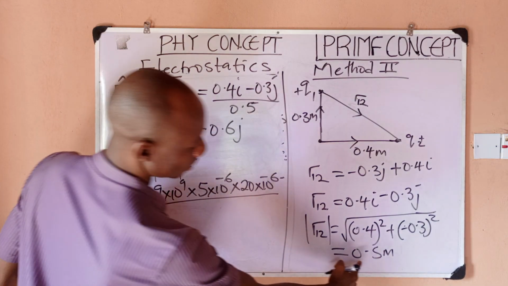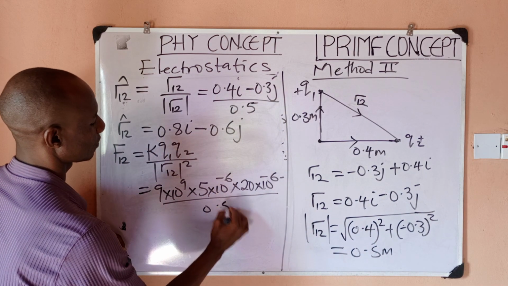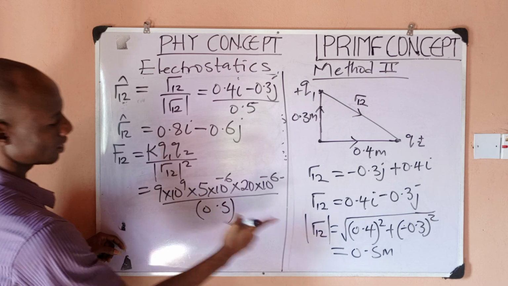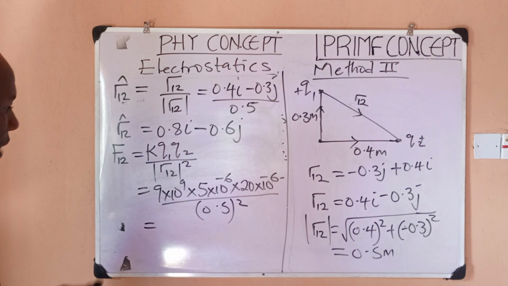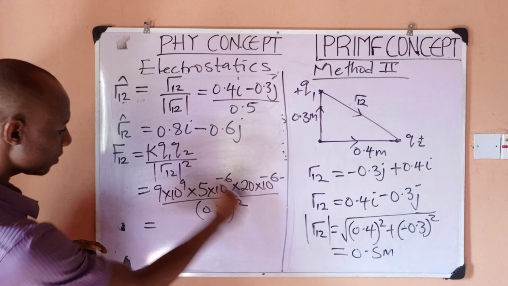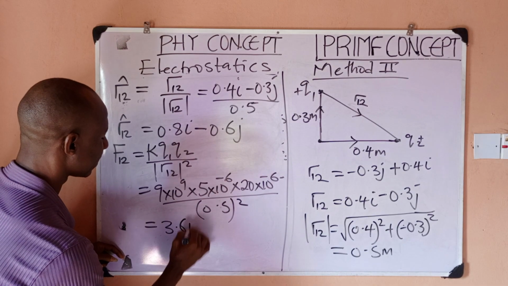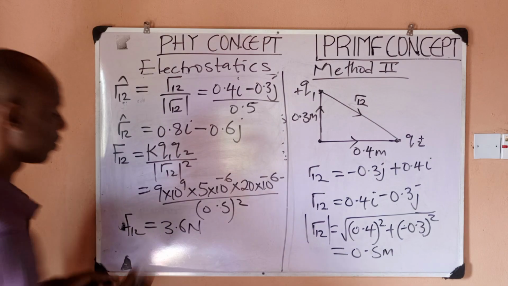What is our R12? The magnitude, 0.5, squared. If I punch this, it gives me 3.6 Newton. So this is my F12, 3.6.